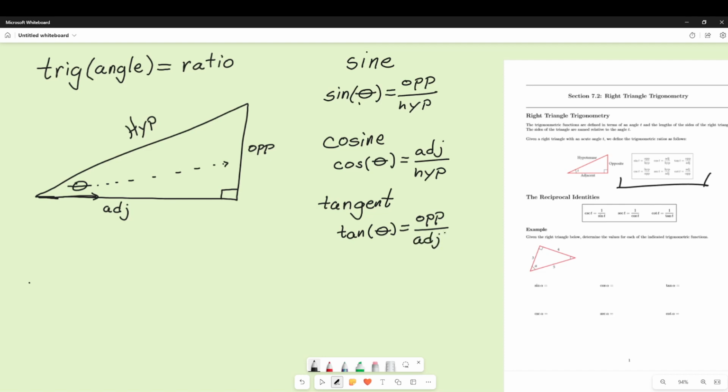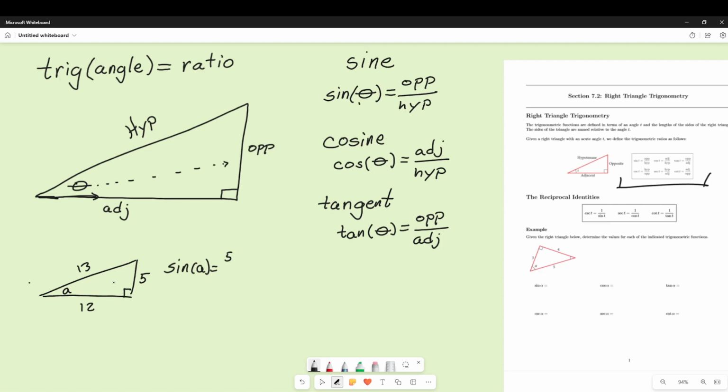So for example, if we had a triangle here and given some angle A, if the lengths of this triangle, say, were 5, 12, and 13, then the sine of angle A would be the ratio between the opposite side, the 5, and the hypotenuse.